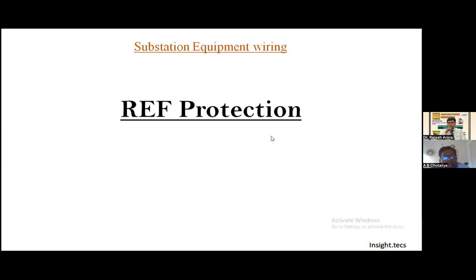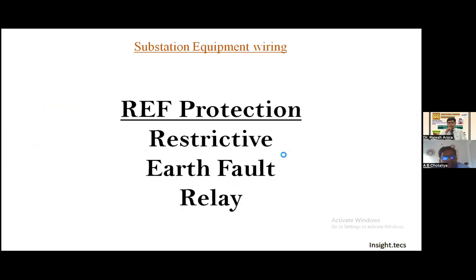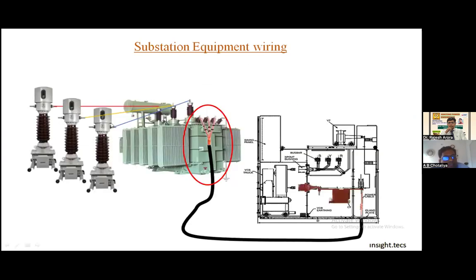Okay, now REF relay. So we have seen the differential relay. The differential relay will protect from one CT to another CT. The total area of protection will be between two CTs, right?